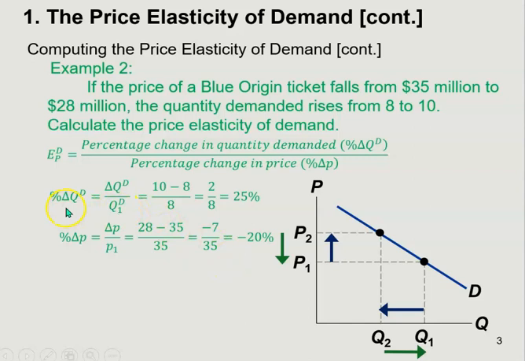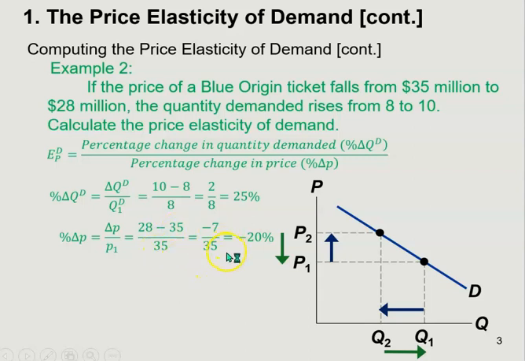So here, the percentage change in quantity would be 10 minus 8, divided by 8, which is the initial quantity demanded here. Then you find that it's going to be 25%, correct? And for the percentage change in price, it's going to be the change in price, which is 28 minus 35, because price drops, divided by the initial price 35.